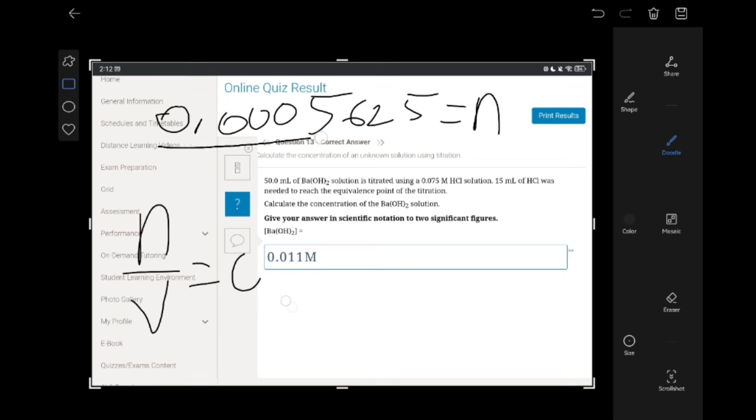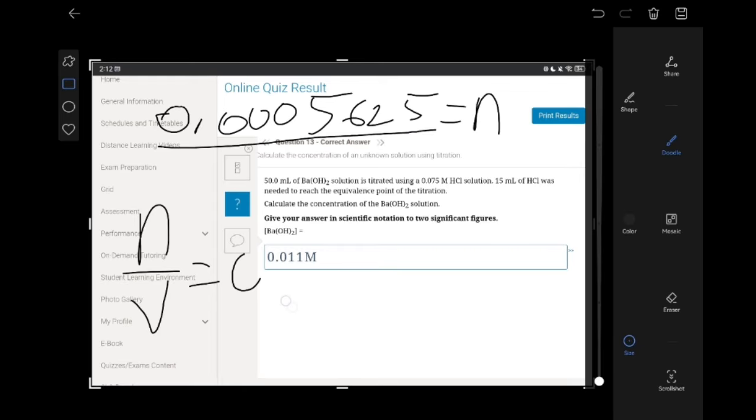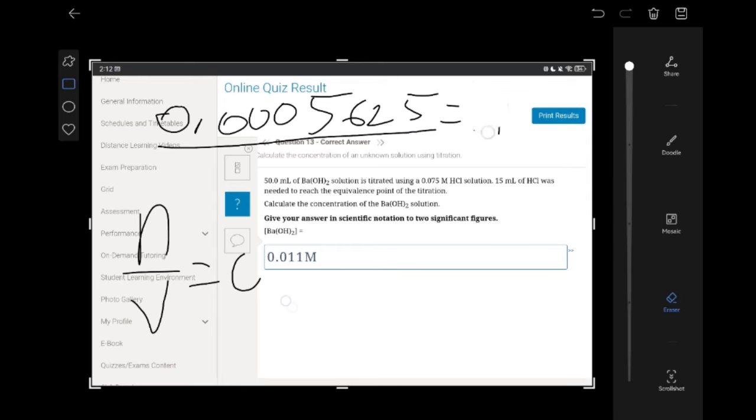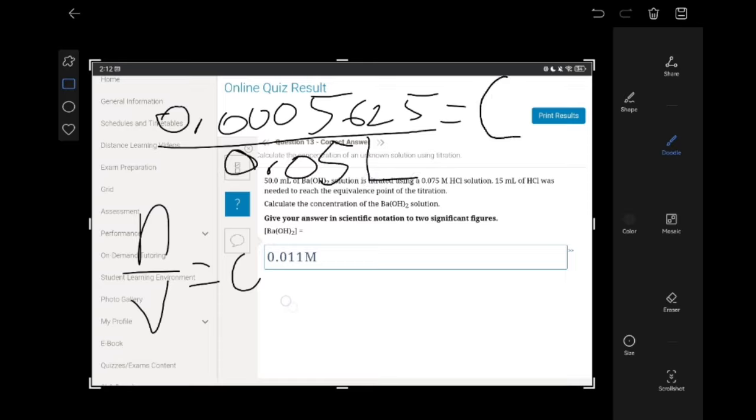So you do this over the volume, which is 0.05 liters, you get C. Divide by 0.05, you get 0.01125.